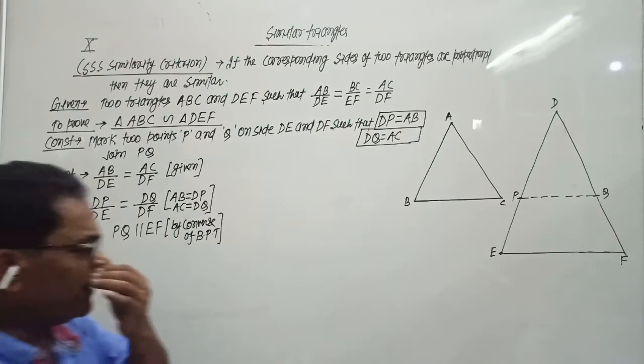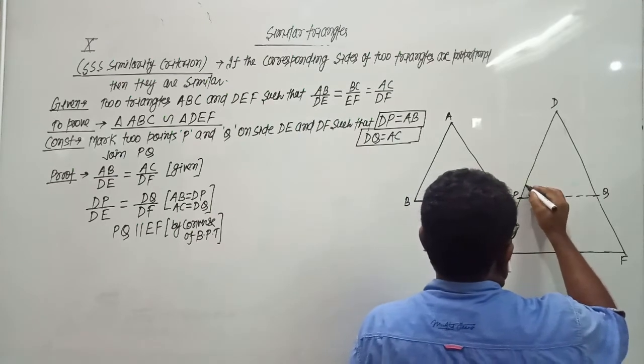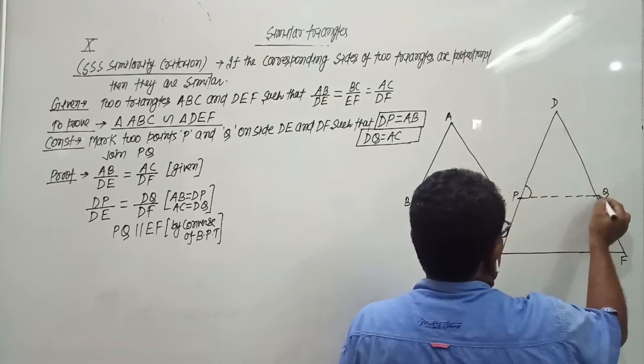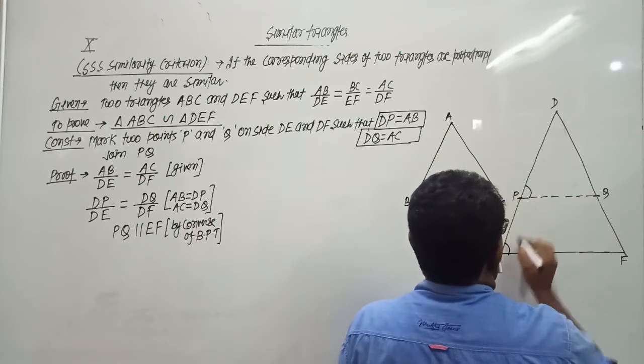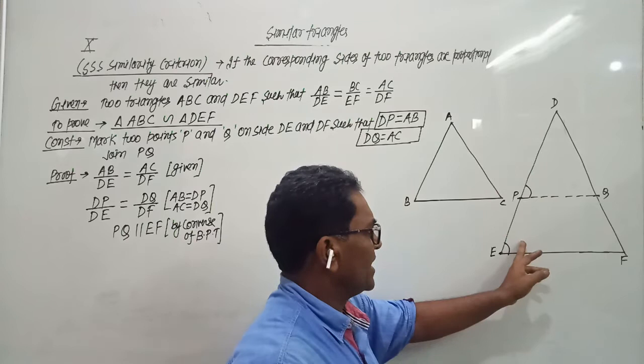Now, if PQ is parallel to EF, then angle DPQ must be equal to angle DEF because these are corresponding angles.